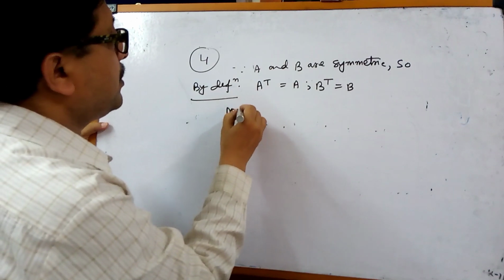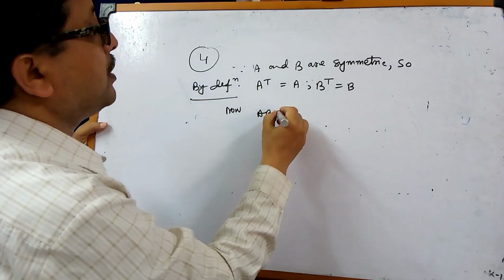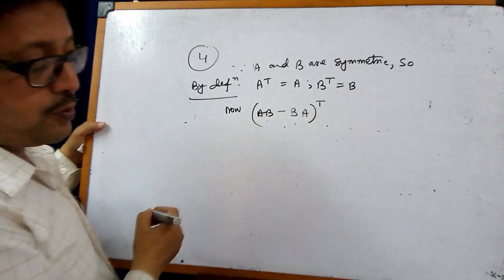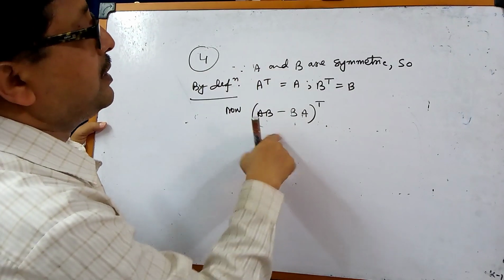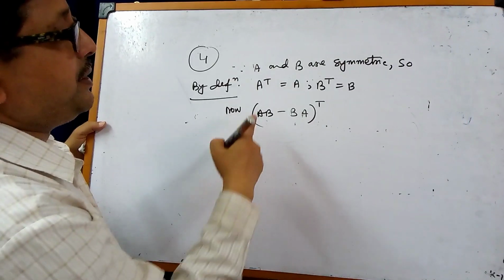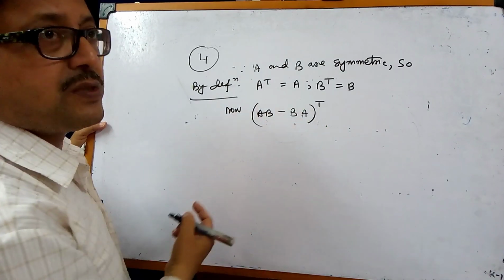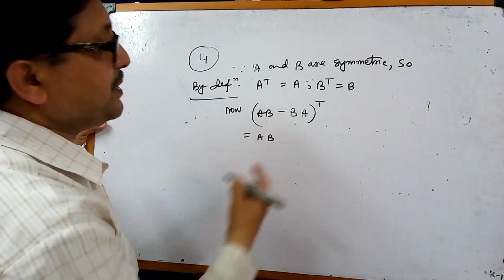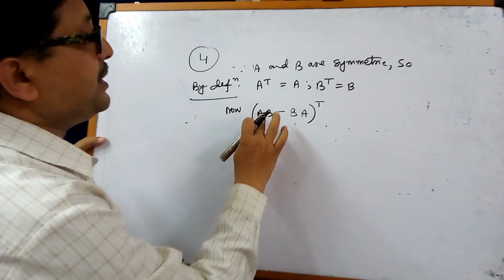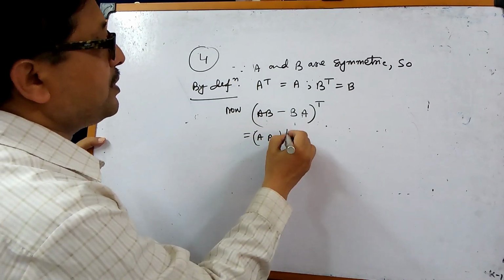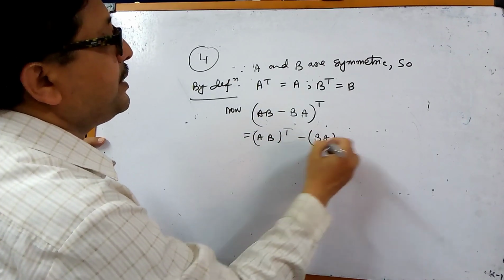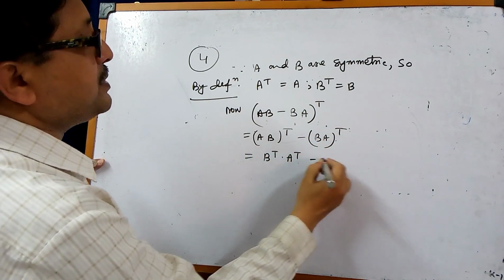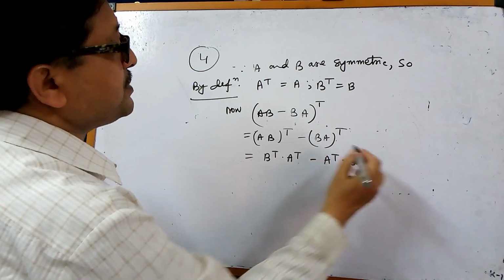Now take the transpose of AB minus BA. I think you all remember the property: X plus Y transpose is X transpose plus Y transpose, already explained in the properties of transpose of a matrix. So you can take the transpose of AB as well as of BA, with a minus between them. Now AB transpose is B transpose into A transpose, and BA transpose is A transpose into B transpose.